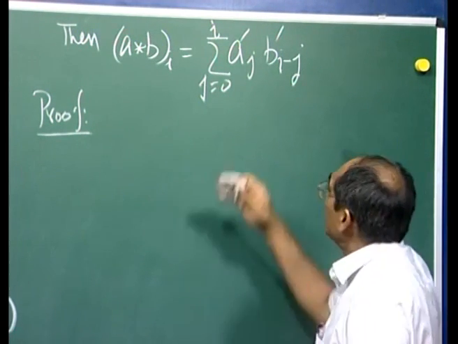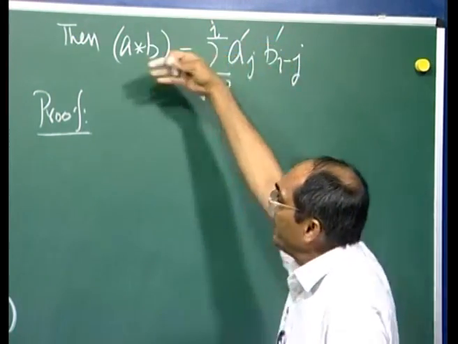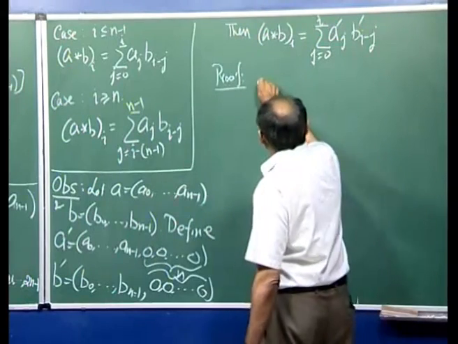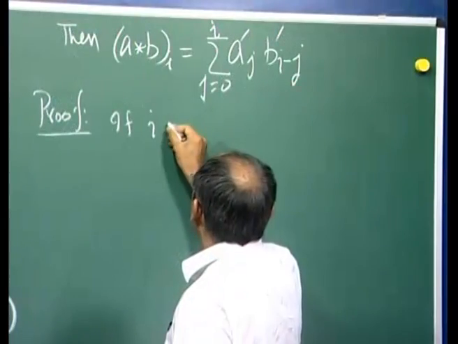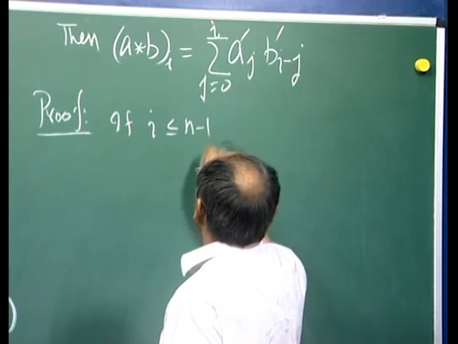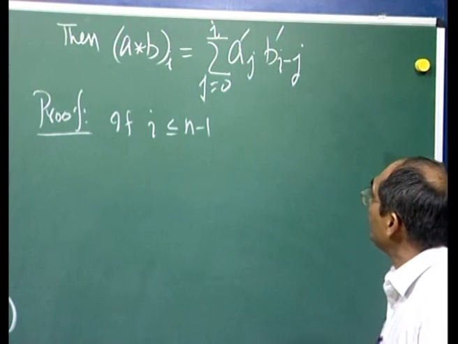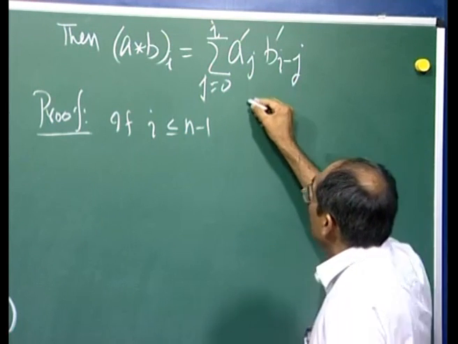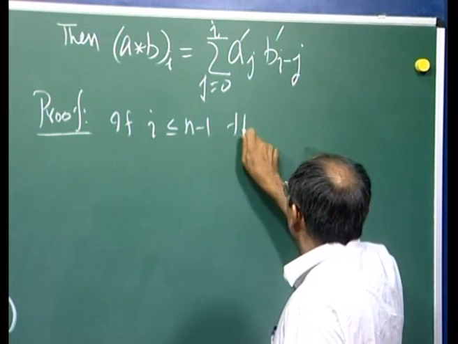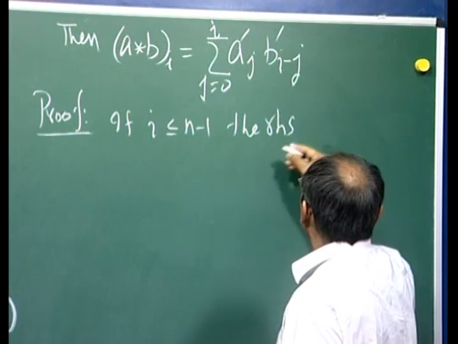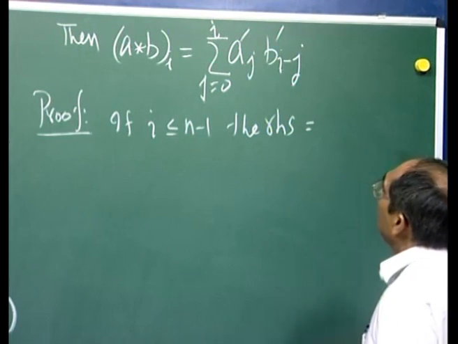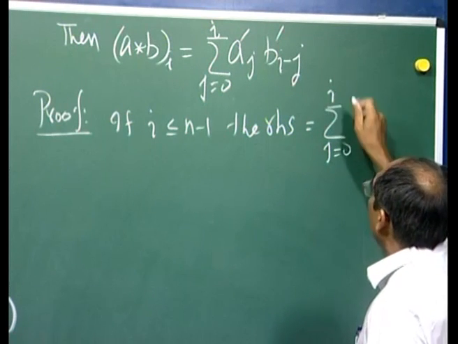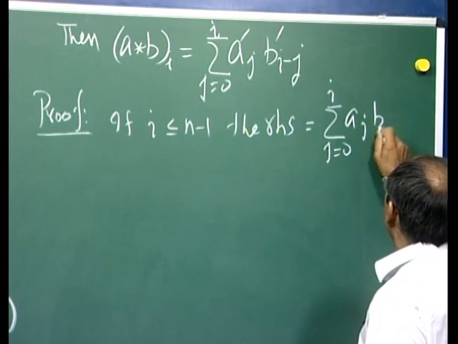Again, we are going to just take the two cases and verify that they match with these. So, first, if my i is less than or equal to n minus 1, notice that the right hand side will be the same as sum over j equal to 0 to i of A_j B_{i minus j}.